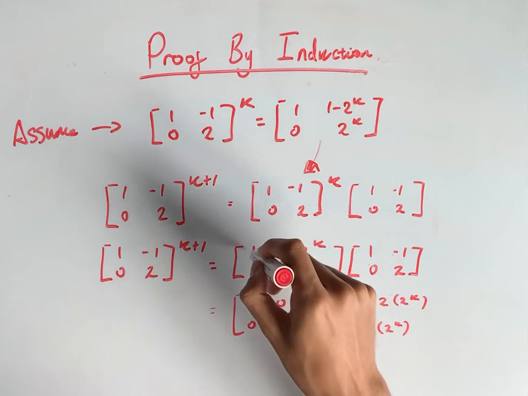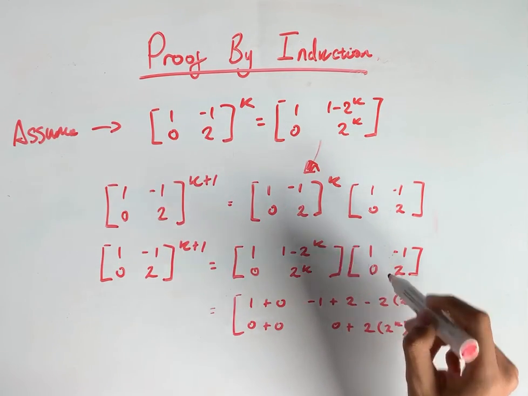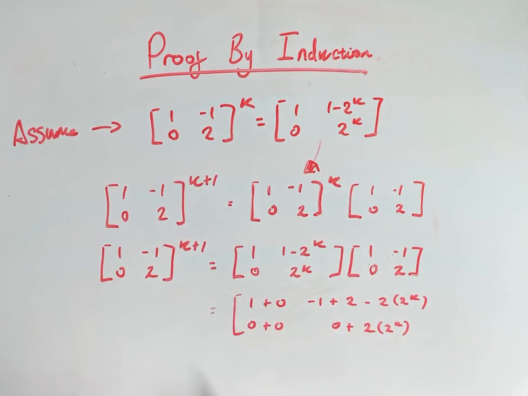And we get that because we have 1 times 1, 1 times 0, and so on and so forth. You get the point, right?